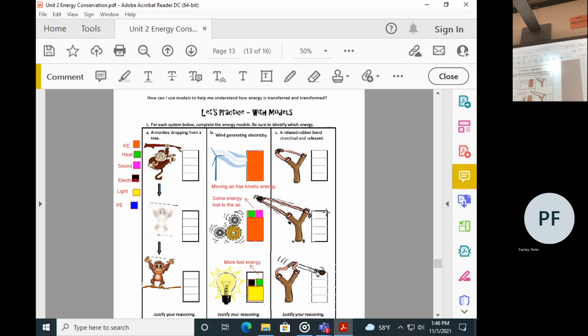What kind of energy is going to be involved in that slingshot system? Definitely elastic energy. What else? Yeah, this is good. But hurry.